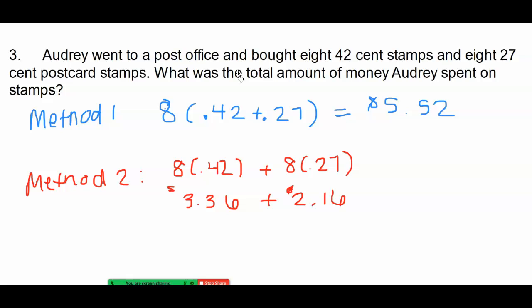And you would add the 336 to the 216 and still get a grand total of 552. There's only one word problem on your homework tonight, and you do method 1 and method 2. Part A is method 1, part B is method 2.